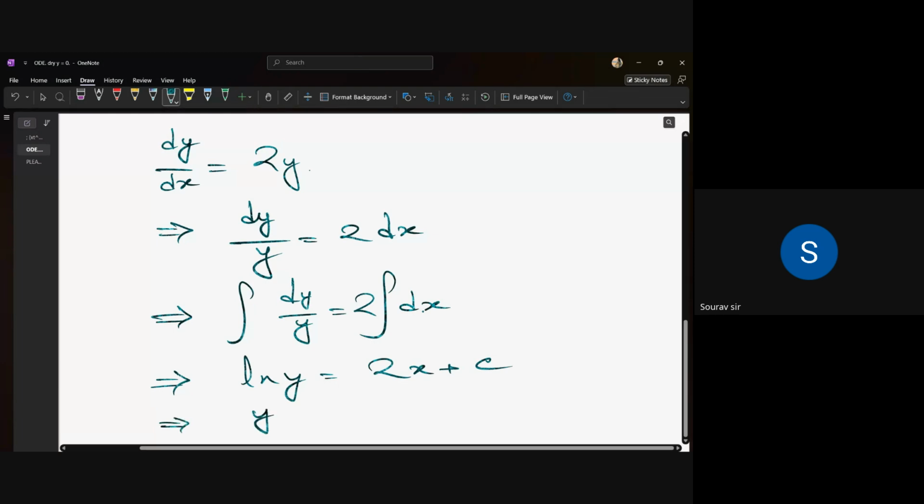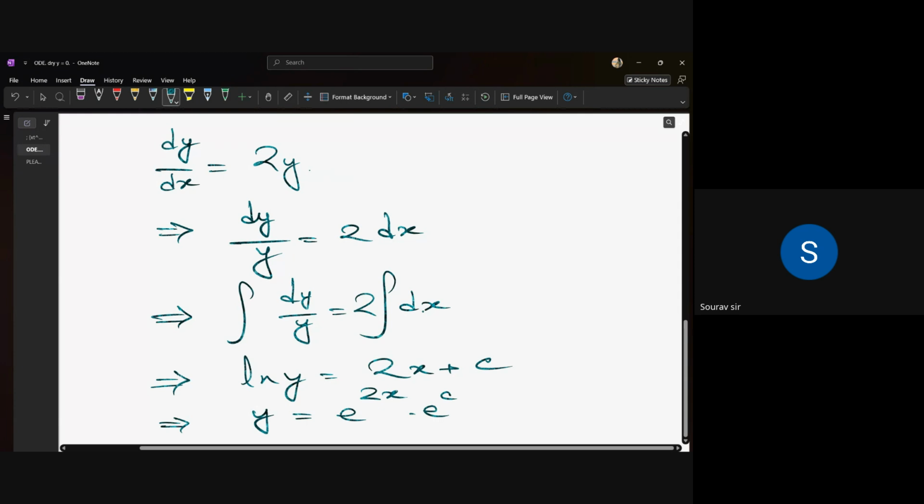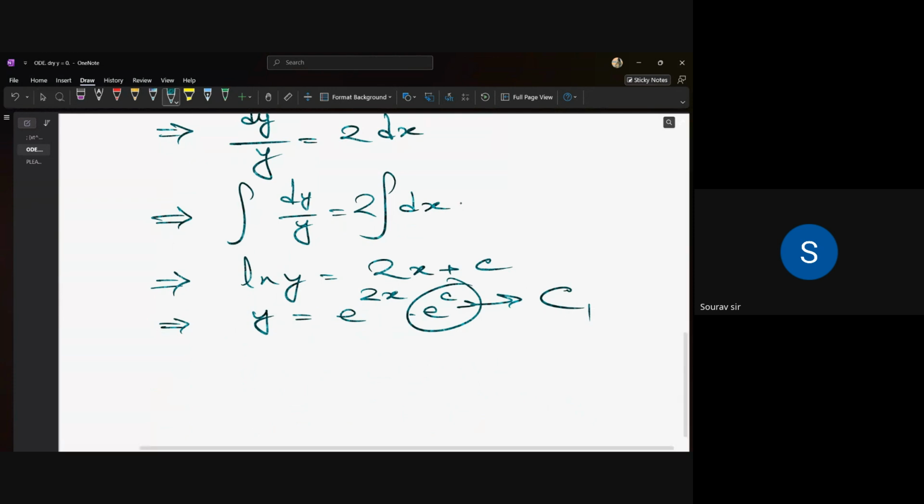Now from this, we have y equals e to the power 2x into e to the power c, and let us call that c1. So basically, we are getting y equals c1 e to the power 2x. So this is a solution.